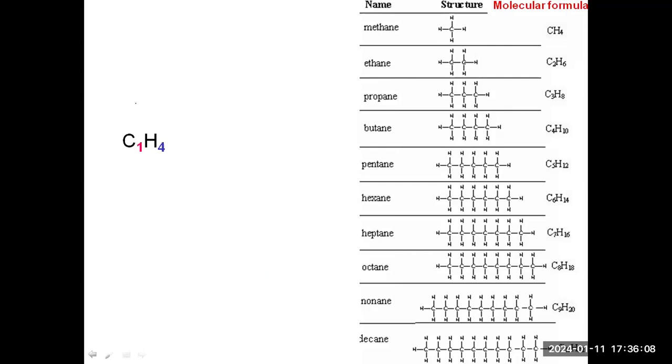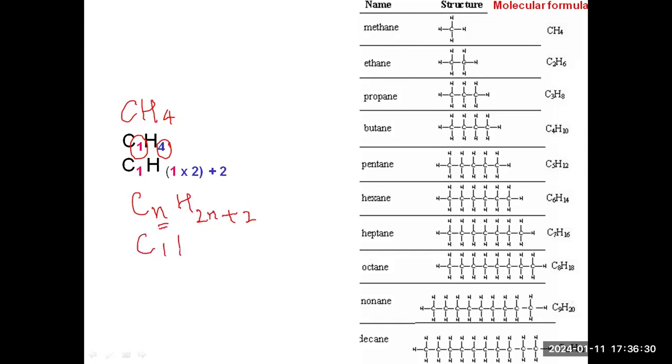If we discuss methane CH4, if we take carbon as 1, hydrogen is 4, let us take carbon as n. So it is CnH2n+2. Means if n is 1, if carbon is 1, hydrogen will be 1 into 2 plus 2, that is 4.